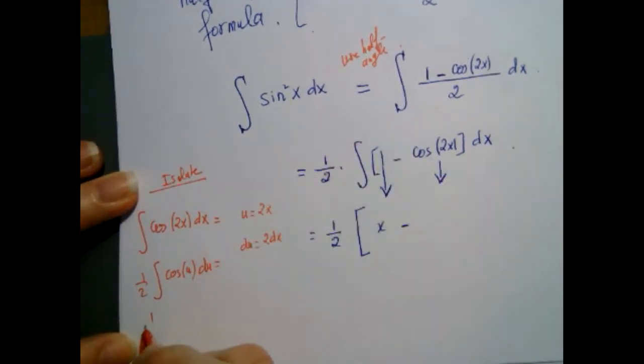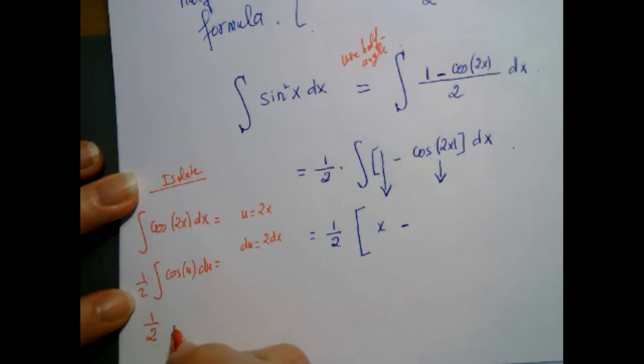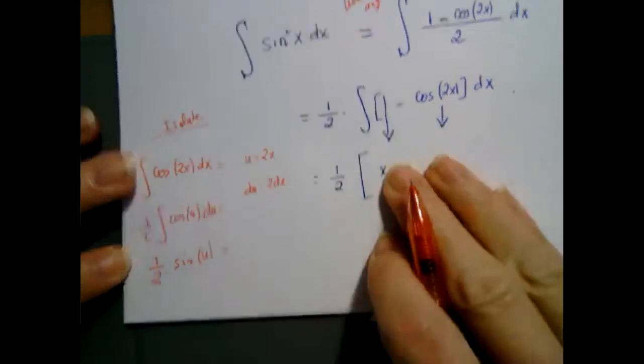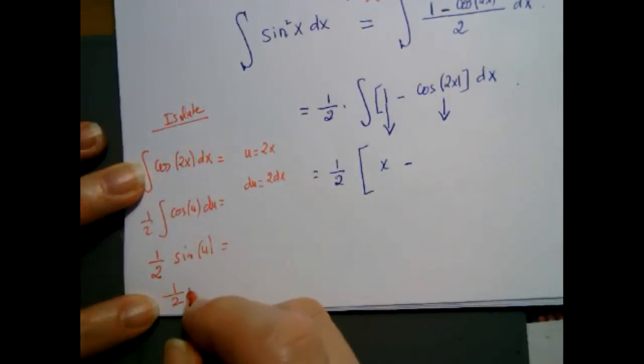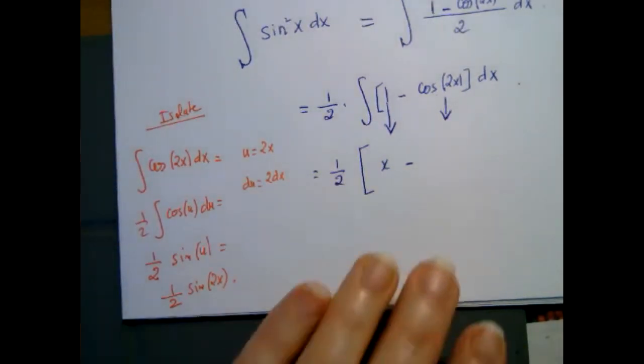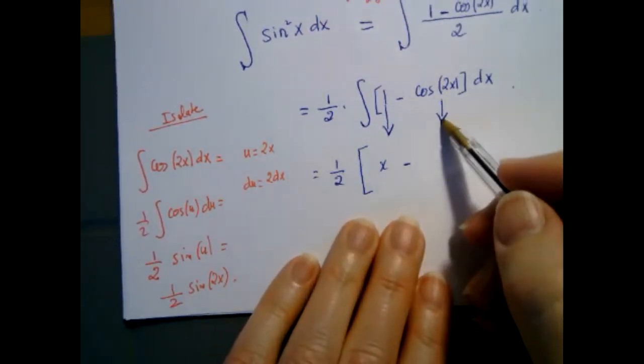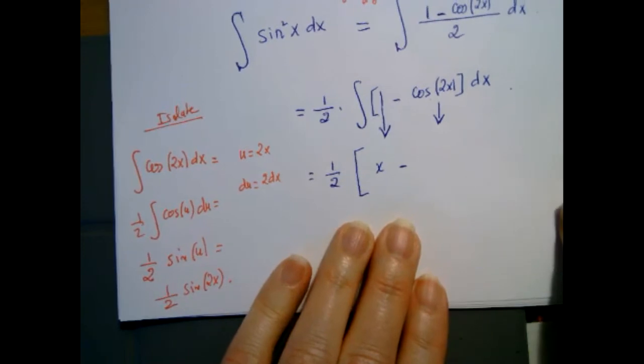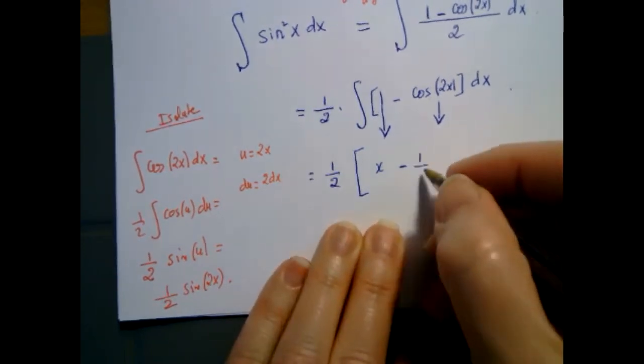It means a half, and the antiderivative of cosine is the sine of u. It means a half sine 2x. So the antiderivative of cosine 2x is not just the sine of 2x because of the chain rule.